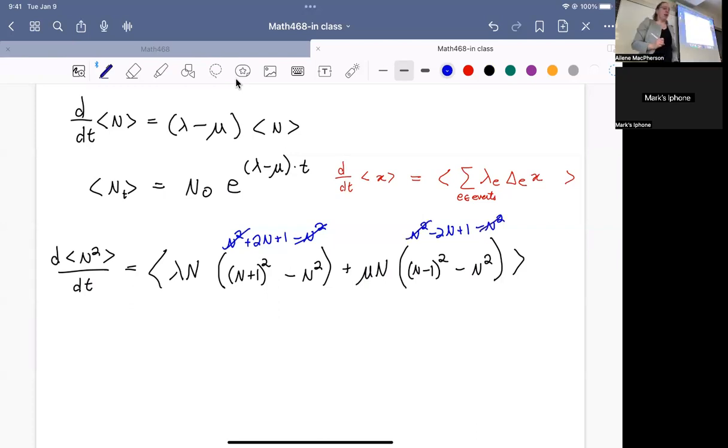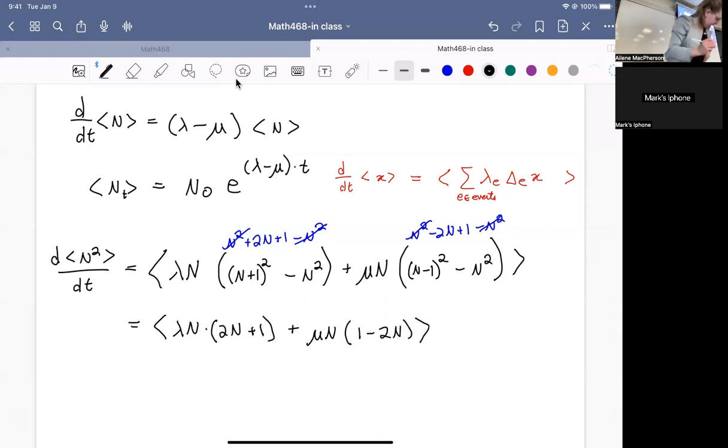Those cancel, so we have 1 minus 2n. So simplifying here, we have lambda n times 2n plus 1 plus mu n times 1 minus 2n, like that.